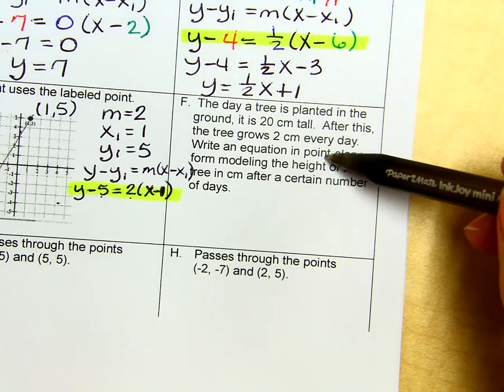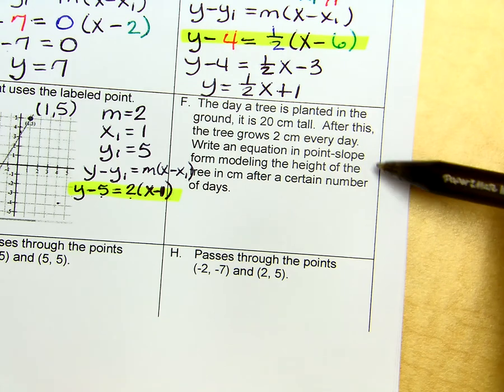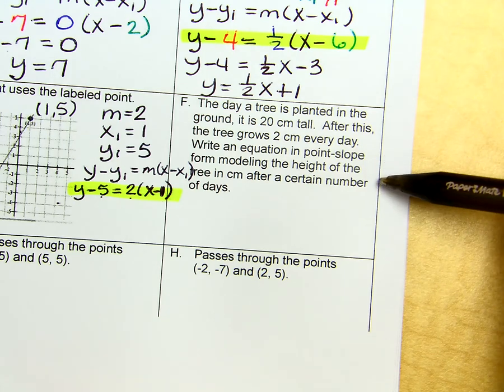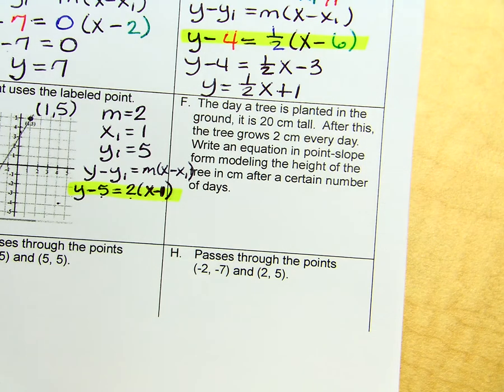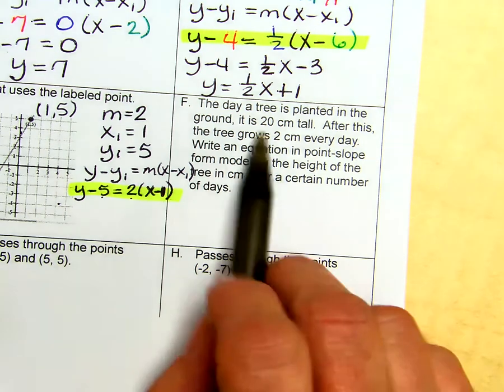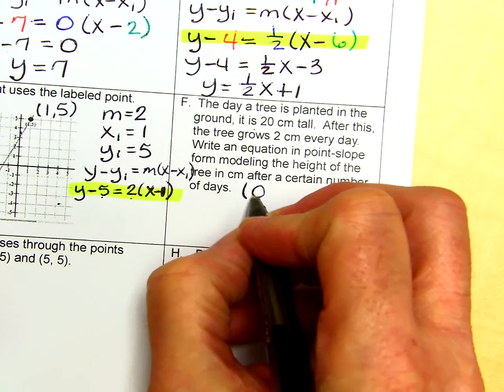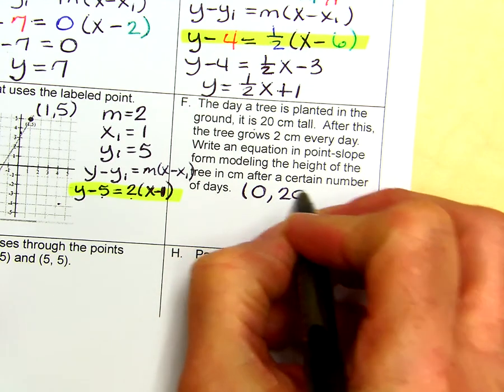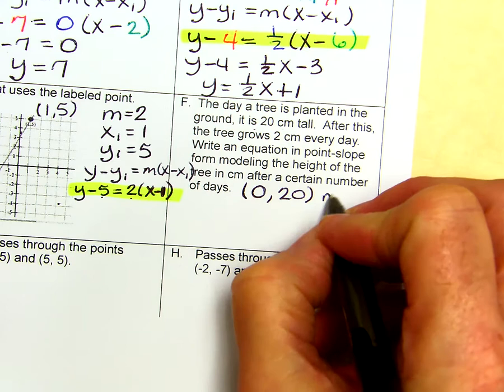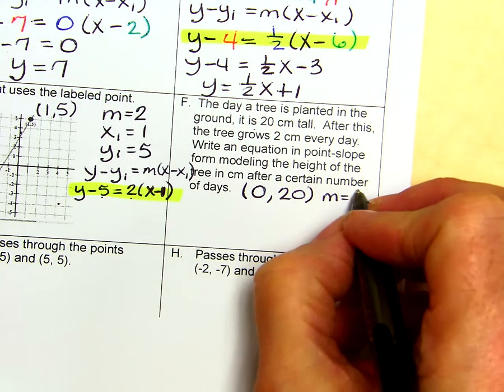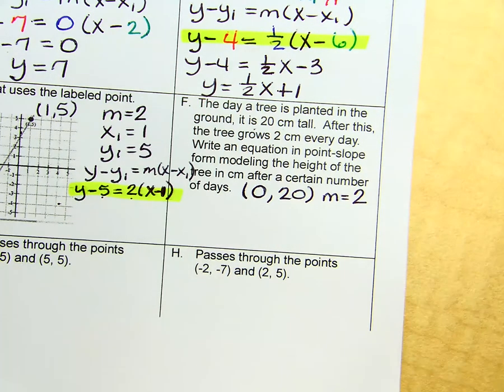Write an equation in point slope form modeling the height of the tree in centimeters after a certain number of days. So if we have a y-intercept, we have a point. Our point is 0, 20. Our slope is 2. It is the rate of change. It changes 2 centimeters per day.